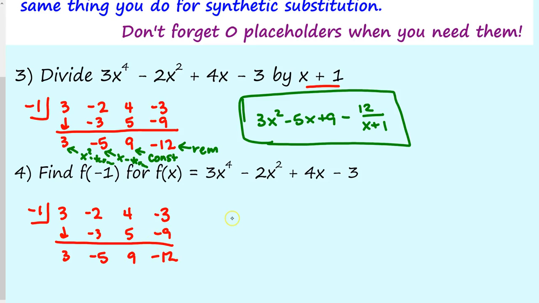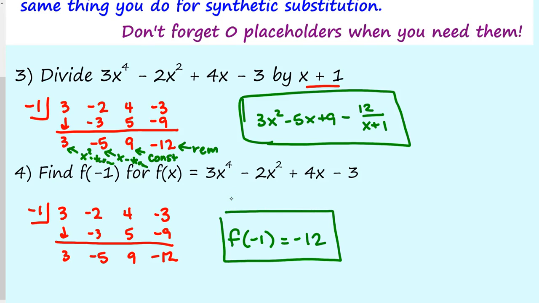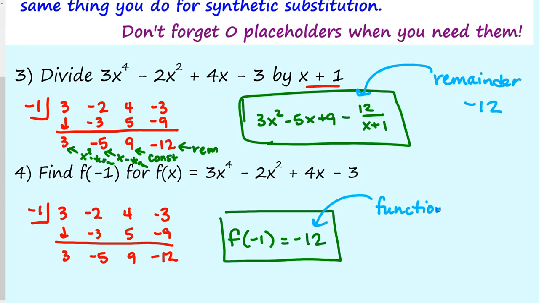But this time your answer is f of negative 1 equals negative 12. You just concentrate on that last number. Notice that the remainder, negative 12, is the function value, negative 12.